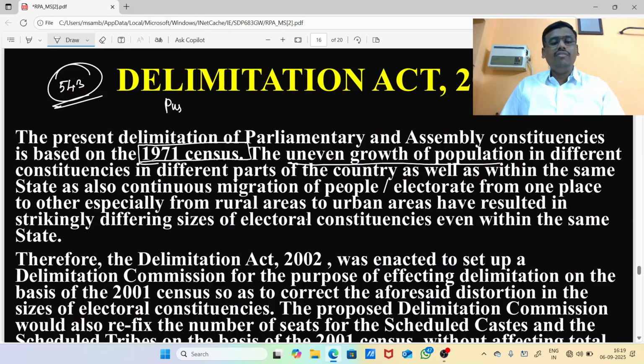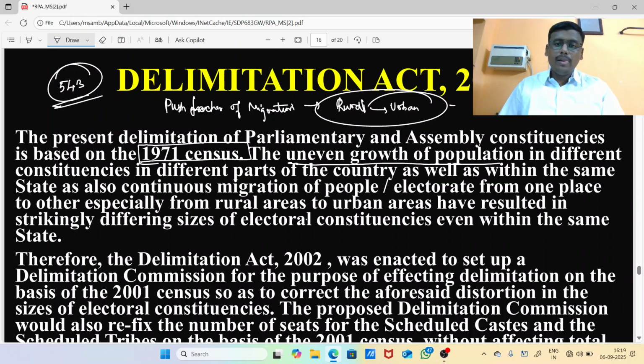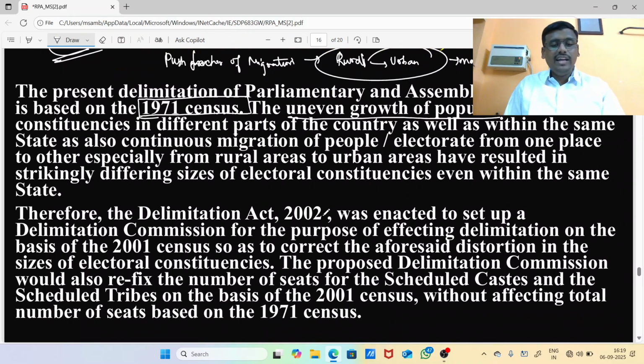So a push factor of migration from rural to urban makes the participation of voters less in numbers. And reform is also needed, therefore we brought the Delimitation Act 2002.